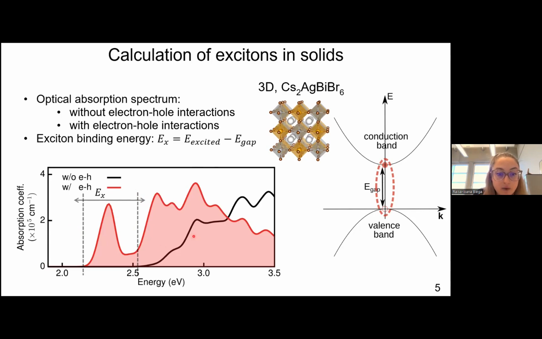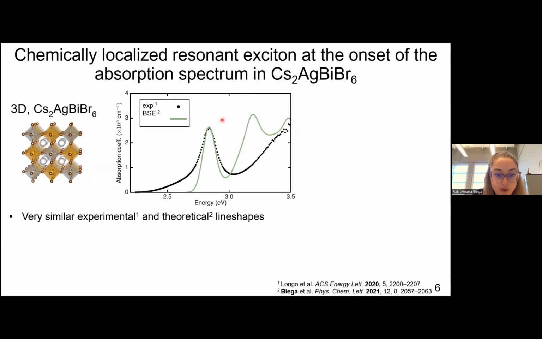So we can now take a closer look at this absorption spectrum for this particular double perovskite, and for this I replotted it in order to compare it with the experiment. This is an experimental absorption spectrum that I got from the literature, from this paper down here.